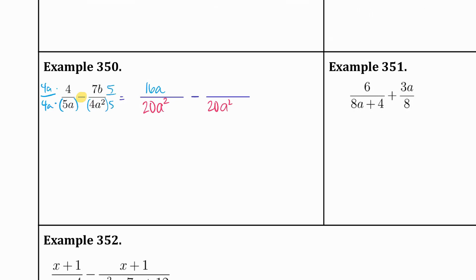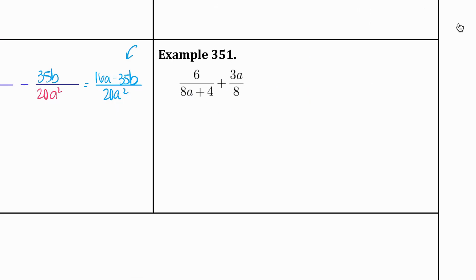Do the same thing on top. 7b times 5 is 35b. Okay, we now have common denominators, so we're going to keep the denominator the same, 20a squared. And on top, we get 16a minus 35b. And if we check the top to see if we can factor, there is no greatest common factor there, so we can't do anything. We leave it just as it is.